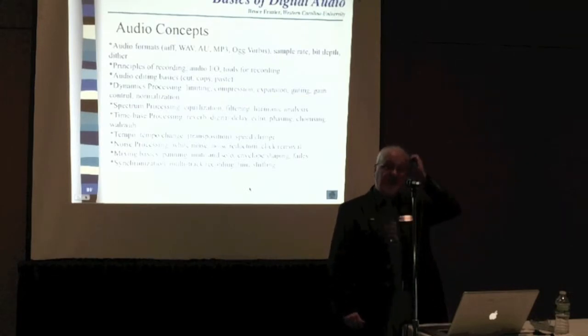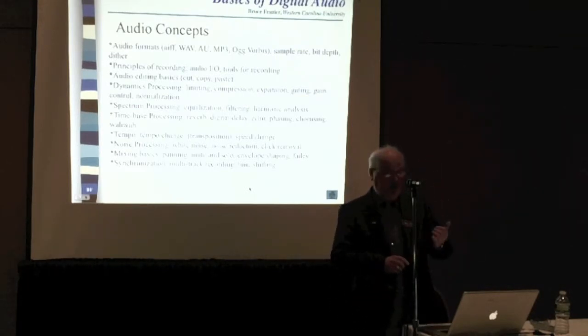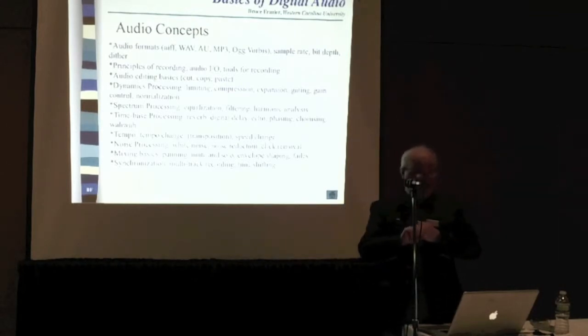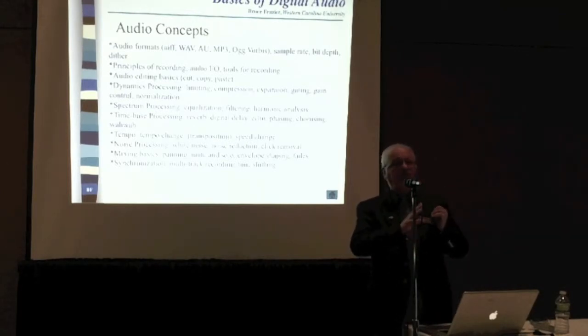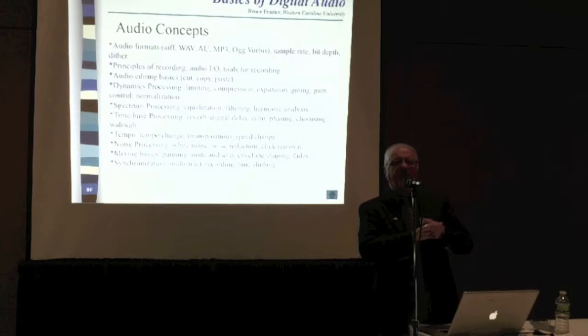Some of the things that you need to look at when you are considering the format is sample rate and bit depth. And of course, dither. Bit depth is usually 16-bit or 24-bit, with 44.1 kilohertz or 48 kilohertz or even 96 kilohertz sample rate.